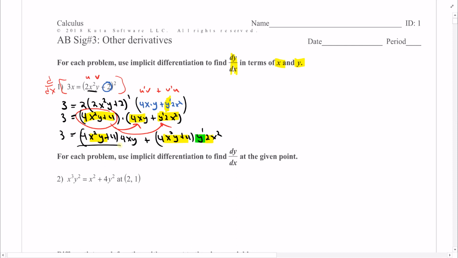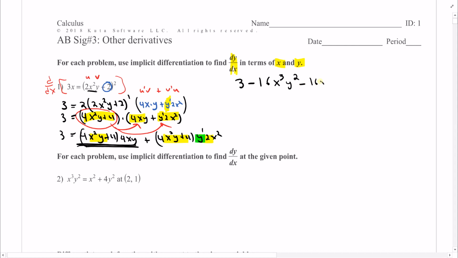So we can subtract this one and then divide by whatever else is in there. So what we're going to get is 3 minus, and let's clean this up too. 4 times 4 is 16. x times x squared is x cubed. y times y is y squared. Plus, this piece is also going to be negative because we're distributing that negative in there.